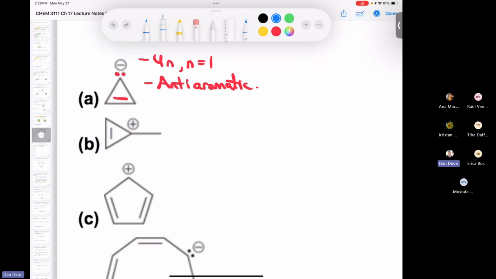So that's good. But then how many electrons do we have in our continuously overlapping system of p orbitals? We have 1, 2. So this satisfies 4n plus 2 when n is equal to 0. 4 times 0 is 0, plus 2 gives you 2. So that means that this cation would be aromatic.